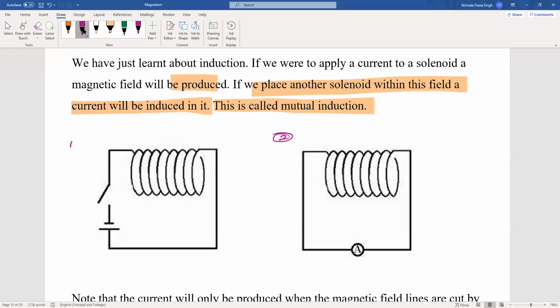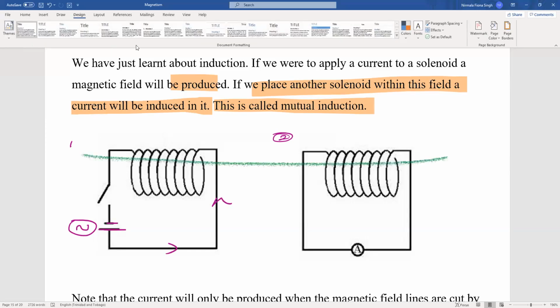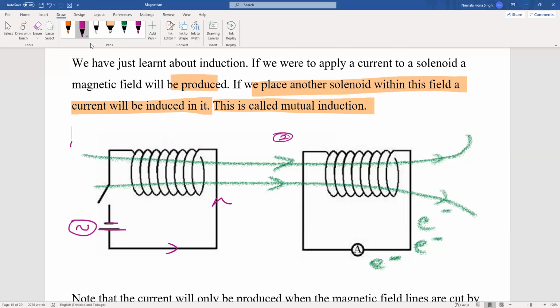So instead of a power supply here, I'm going to have an alternating supply. That means at one second, my current is going to be moving this way, causing my magnetic field to propagate out into space. And as it propagates out into space, it's going to cause electrons to start moving. Now, the very next fraction of a second, because it's an alternating supply, it reverses its direction. So what's going to happen? My current is going to flow in the other direction, causing my magnetic field to reverse.